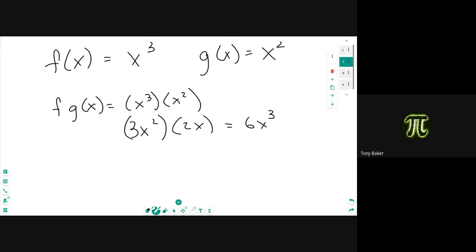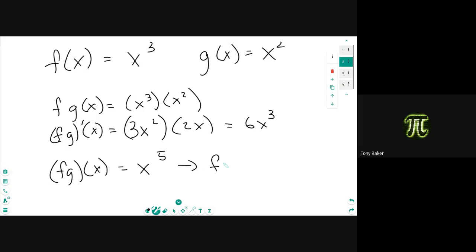If I just did the derivative of each piece and multiplied it. However, if I took those two and actually put them together, that would be x to the fifth, right? Which if I took the derivative of that, that's 5x to the fourth. Not the same thing.